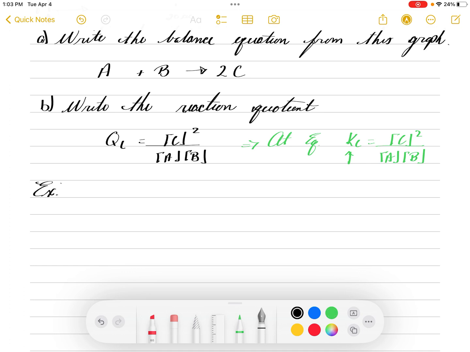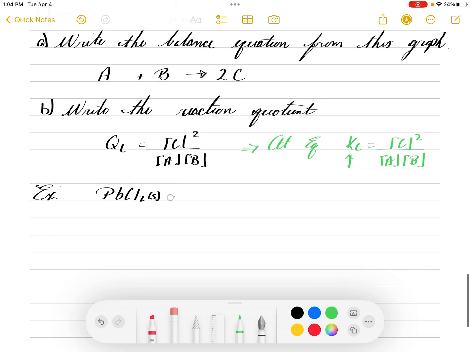Let's say I have a reaction that says lead chloride reacts with, or actually decomposes, to lead 2 plus ion. This would be in solution, plus 2 moles of chloride ions, also in solution.